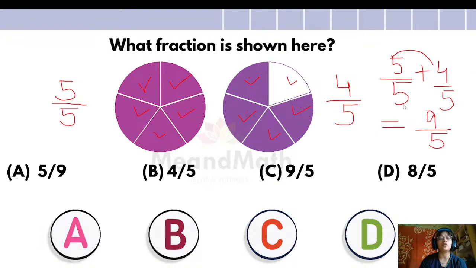But before that, I want you all to type in the chat box and tell me what type of fraction is 9 by 5? Let's see who can type it first. Who is the first one to type the answer for this? What type of a fraction is 9 by 5?